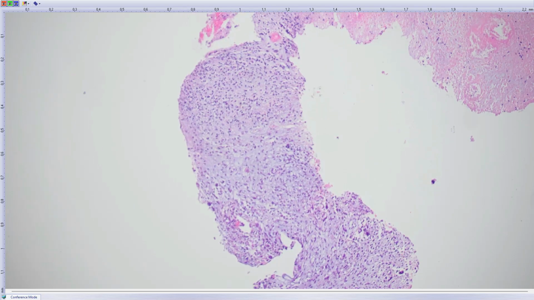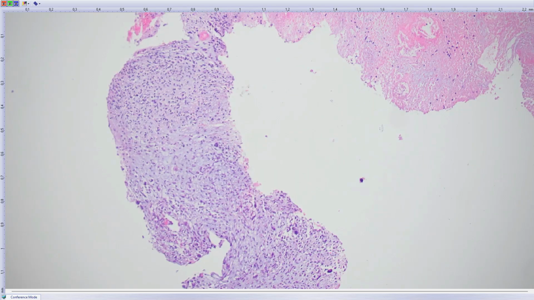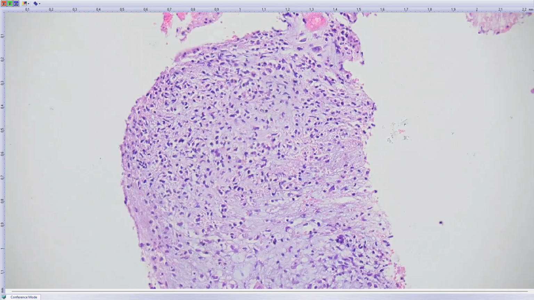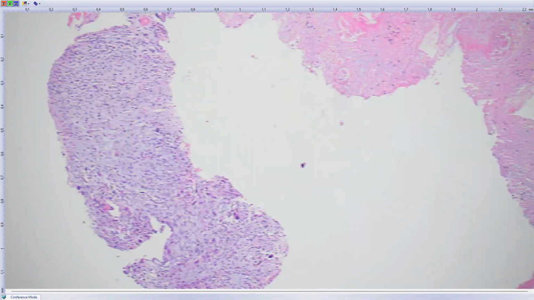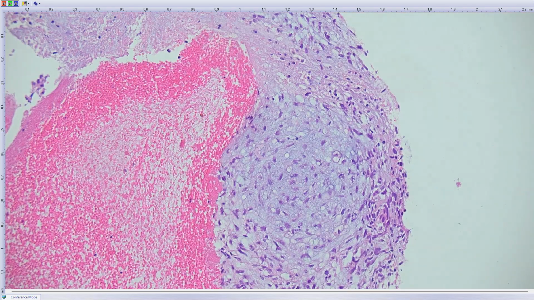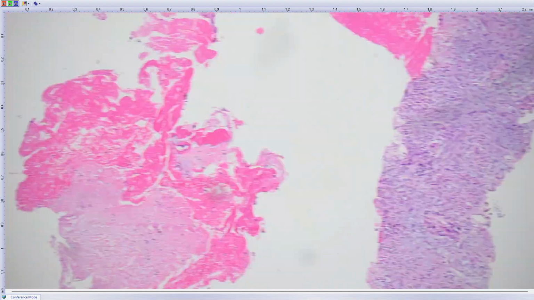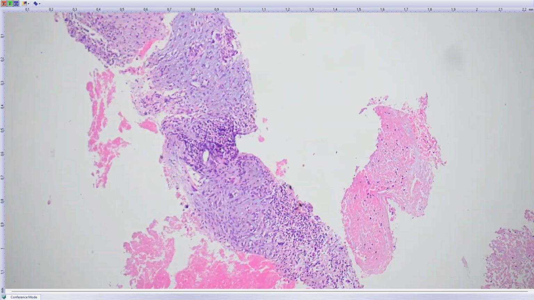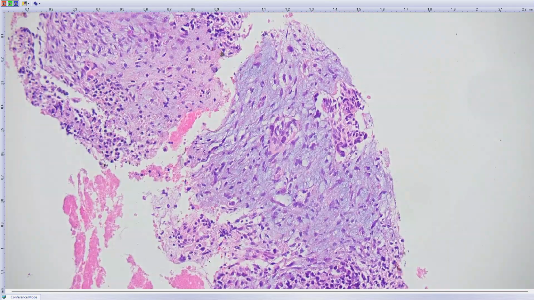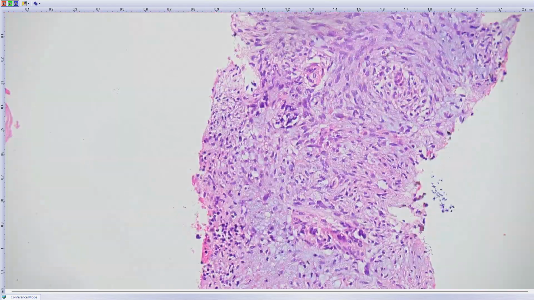At first sight, this is a high-grade malignant lesion composed of spindled, sometimes epithelioid cells, with high-grade nuclear atypia, and dispersed you can see chondroid areas. There will be better ones to show. Here you can see highly atypical cells, a lot of mitoses, including some atypical ones.